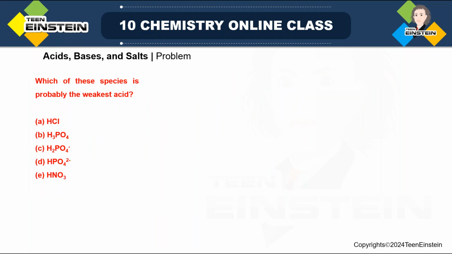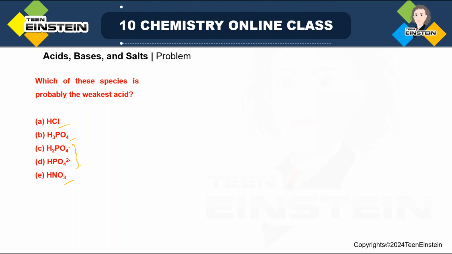Which of these species is probably the weakest acid? So here we have a total of 3 acids, and these two are anions. Now if you observe carefully, these two anions are basically produced from H3PO4, isn't it? Right?